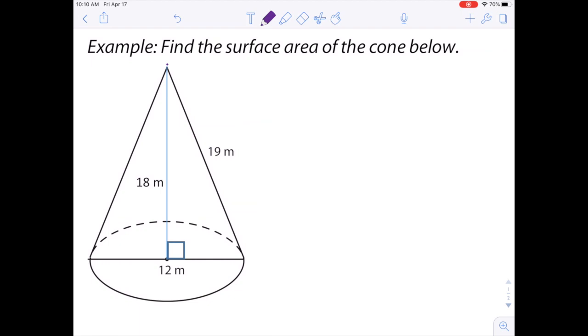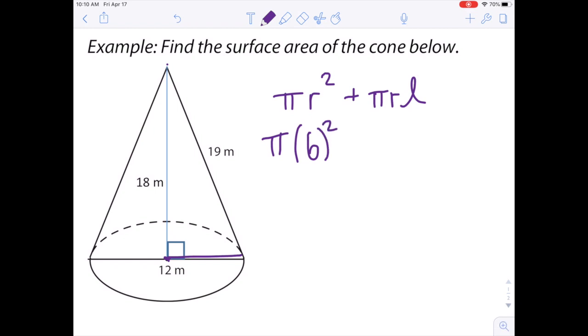All right, so if we do our example, we'll start with the formula. And now we're going to plug in what we know. We know the radius, again, half the distance here. You're not always going to take half of whatever I give you. Sometimes I will only give you the radius.